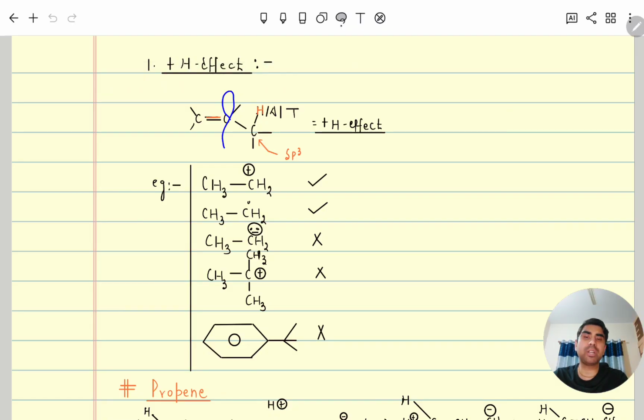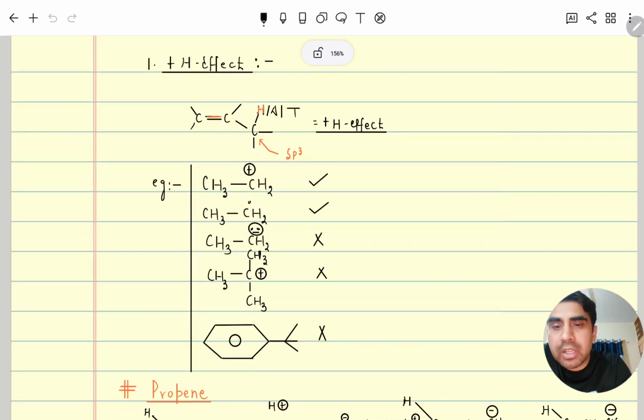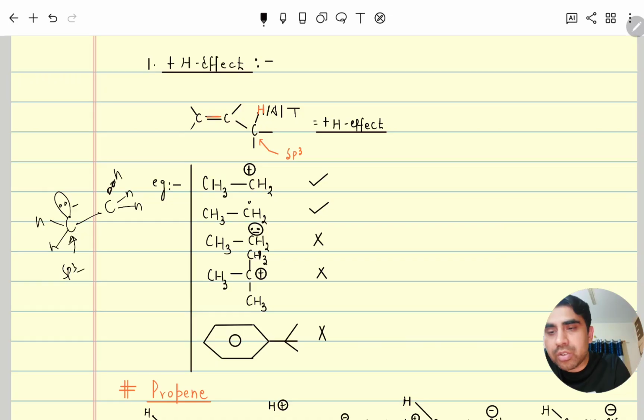If there is a lone pair, it will even degrade its hybridization. Let's suppose, for example, CH2 here with hydrogen, hydrogen, and a negative charge, and here carbon with hydrogen. Let's suppose this is the sigma electron. It will degrade its hybridization from sp3 to sp2 and keep the lone pair in a pure p orbital.